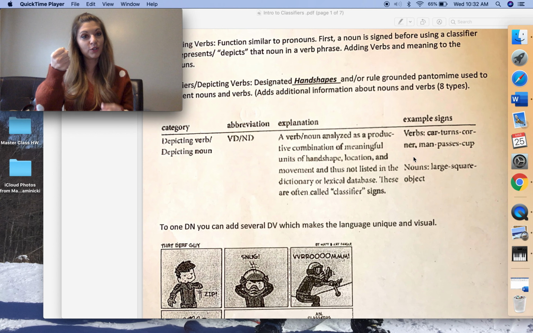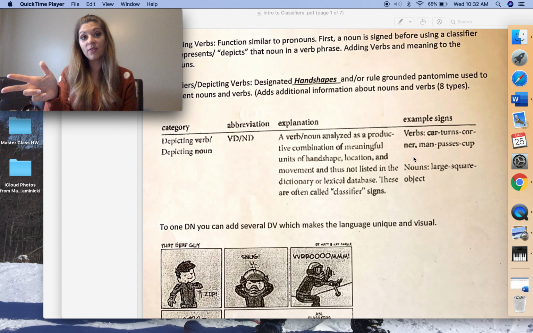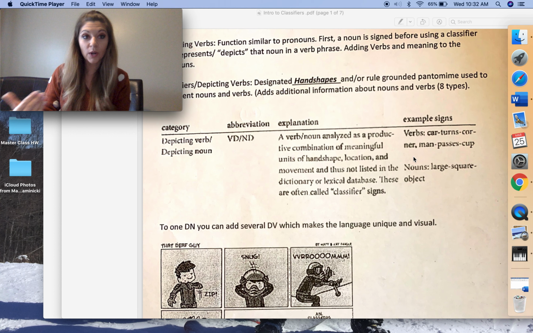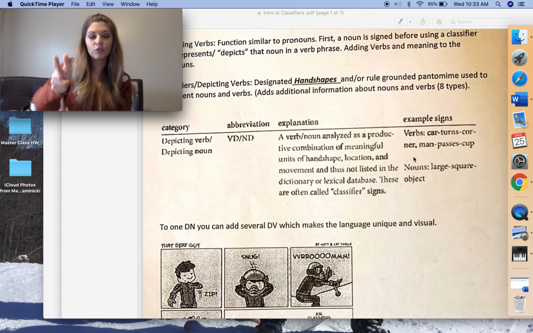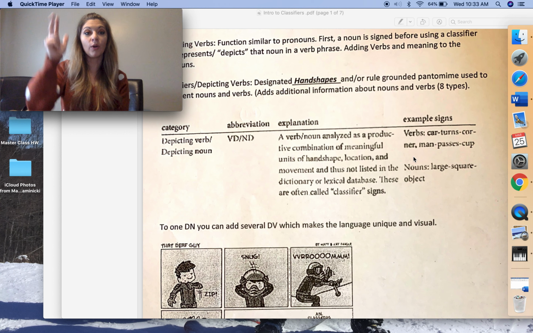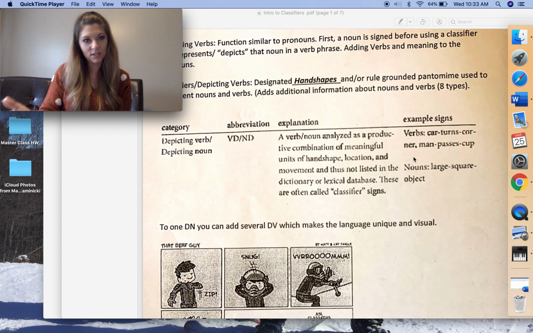So what you would do is you would say you have a car, then you would represent your car by showing that 3 hand shape, and then you could actually move the car to turn the corner, and that even adds direction to the right or left. You can add even more meaning that it's a bumpy road, or it's a windy road, or it goes up and down. So it's how it's moving, where it's going, and so all these meanings are added to this verb phrase using these classifiers, and that's why they can't go into our dictionary or lexicon.